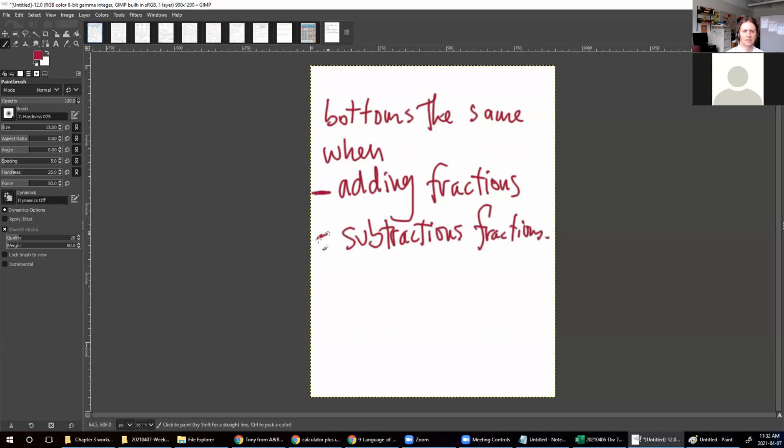Those are the two cases. For multiplying and dividing, we don't care about the bottoms. When you are adding fractions or subtracting fractions, the bottoms all have to be the same.